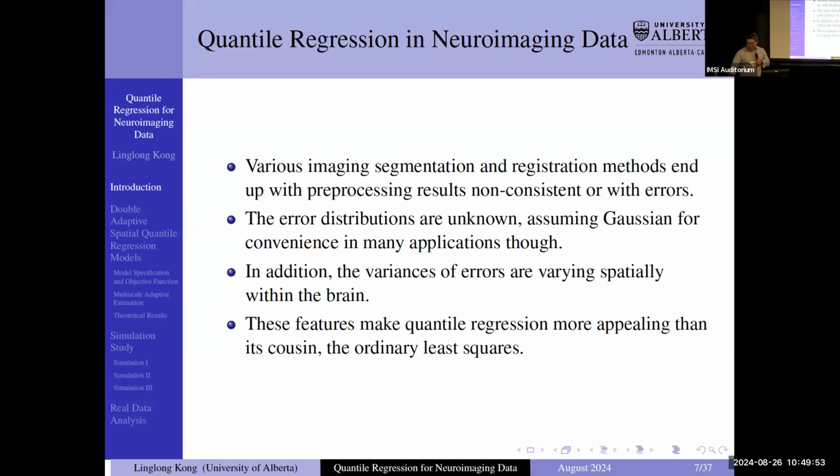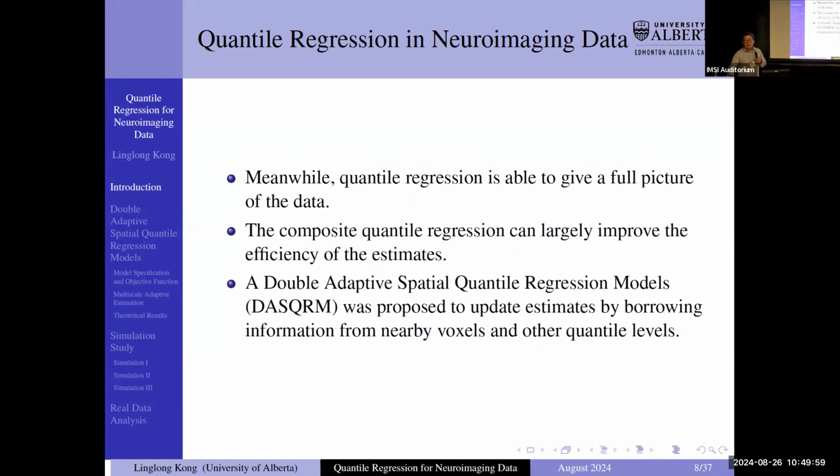So all this makes quantile regression, where we model the conditional quantile instead of the conditional mean, more appealing. Not only that, with quantile regression we also get a full picture: not only the center, how the center changes according to covariates, but also the tail.